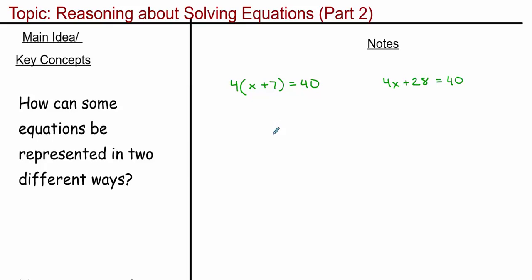And if we make a hanger diagram of this side, we would have 4 x plus 7s.